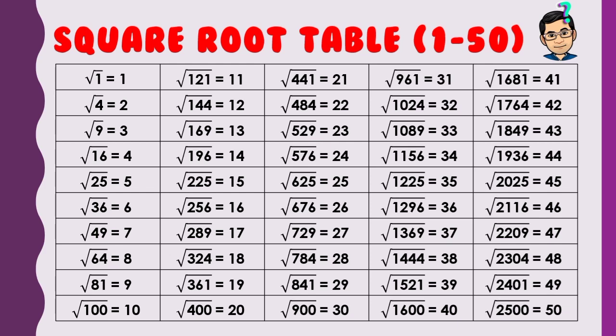Pwede mong gawing guide itong table na to para mas mapabilis. So, square root of 729, ayan, and that is 27. So, paano natin ma-check na ang square root of 729 ay 27 nga? We multiply 27 by itself. 27 times 27 is 729.